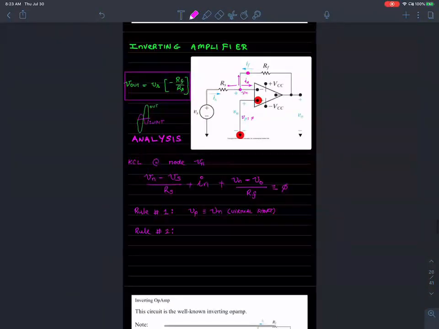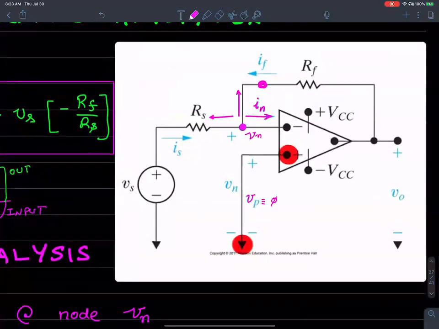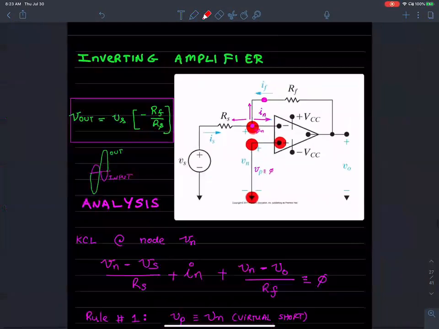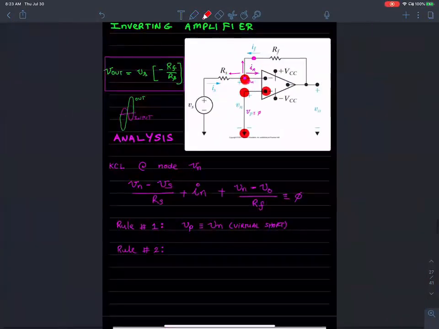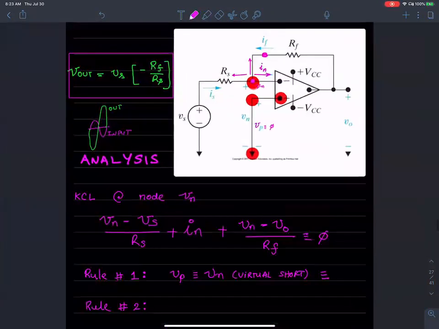Meaning that whatever voltage is applied on the positive terminal, that automatically shows up on the negative terminal. And what's that voltage here? Do I know a value for that? The positive terminal is tied to ground, so that's 0.